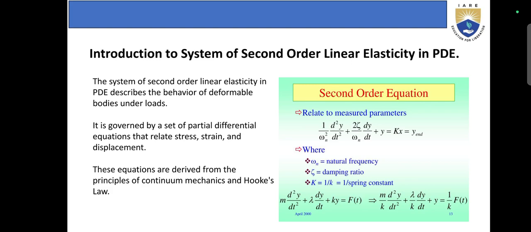These equations are derived from the laws of physics and Hooke's law, where omega n is the natural frequency, gamma is the damping ratio, and k is the spring constant. y is equal to 1 by k of f of t.